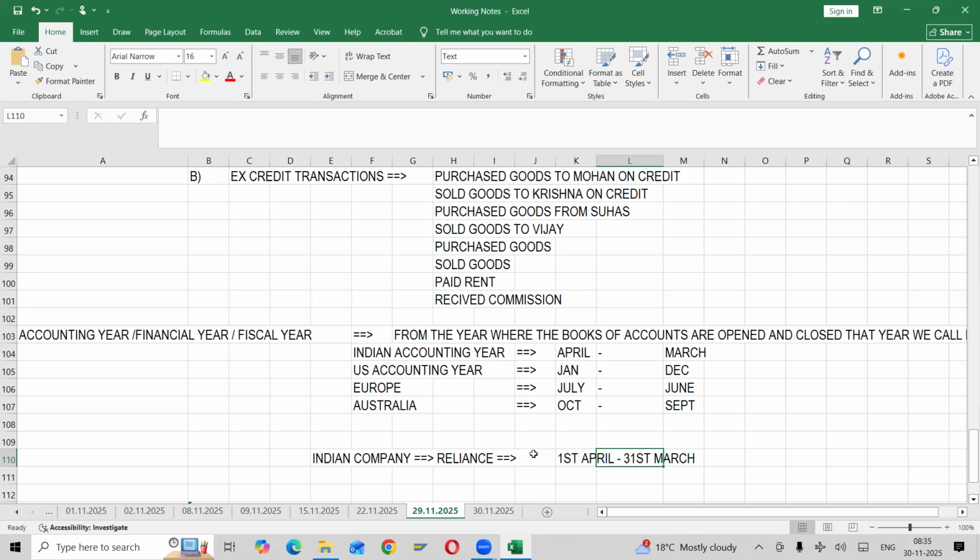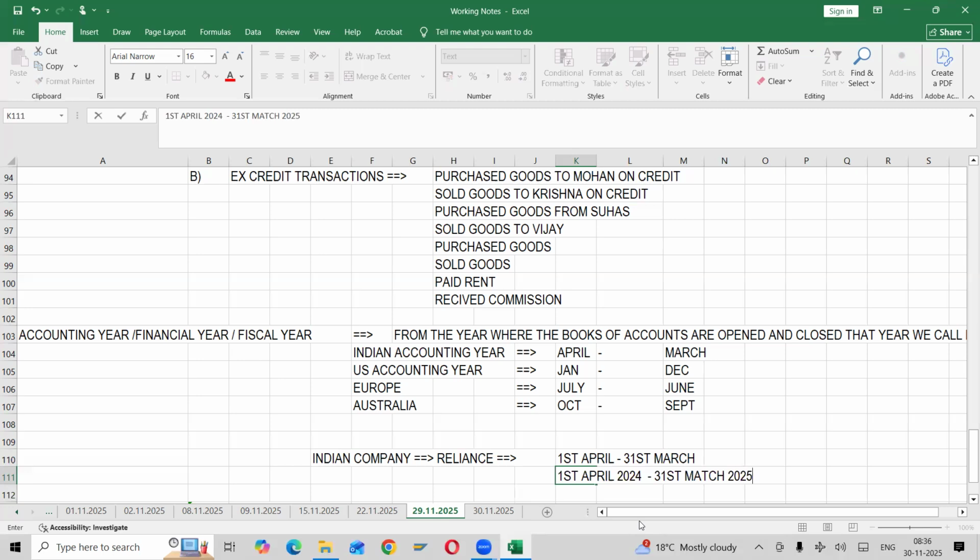So what do you mean by that? 1st April to 31st March. Here, for an Indian company, every year they will open a separate set of books. For example, 1st April 2024 to when it will close, 31st March 2025.